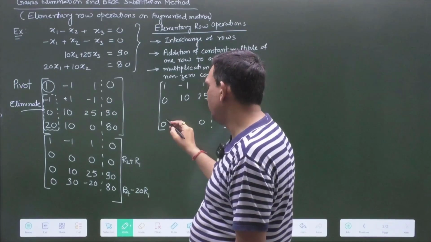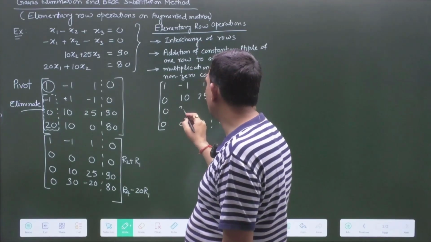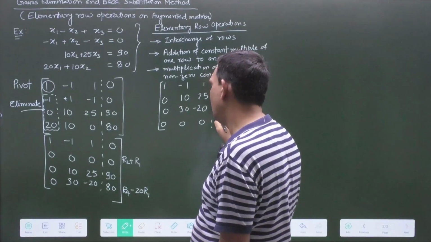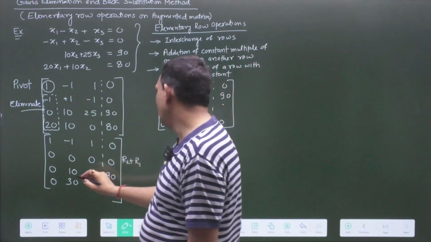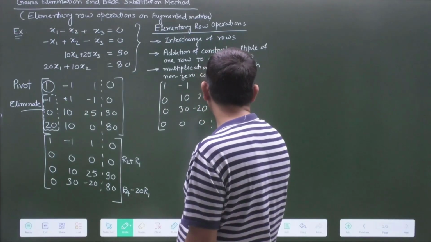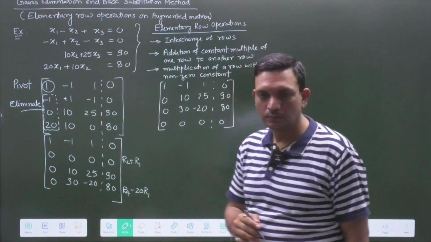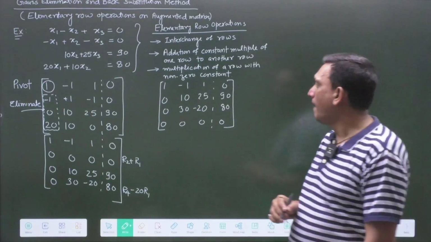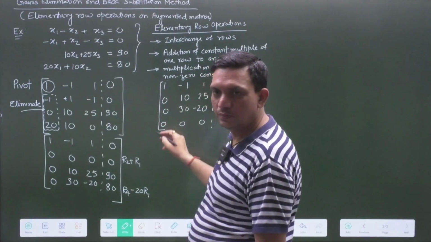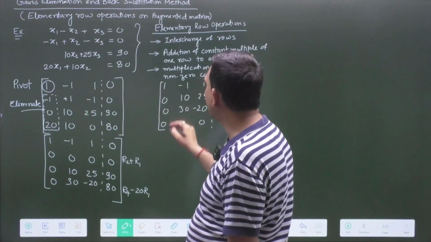And then you have 0, 30, minus 20 and 80. This last row is all 0. So you have eliminated x1.